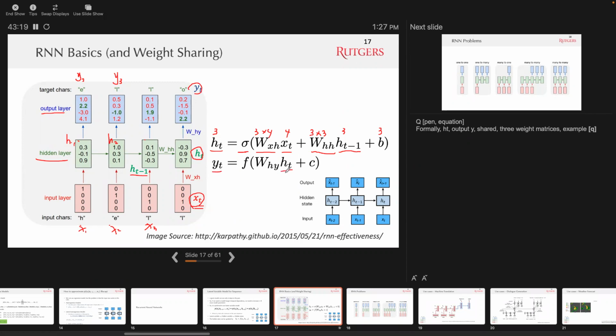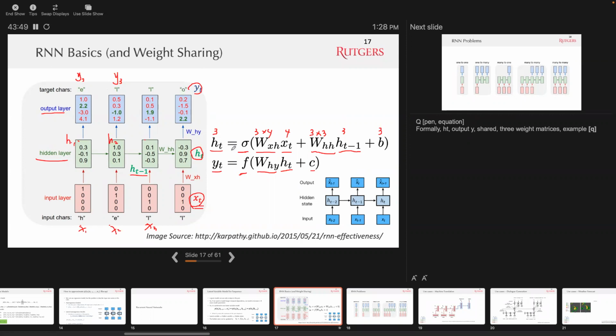So how do you do this? You just have this ht and multiply by the weight matrix, add some bias, and go through some kind of nonlinear operation. Specifically, because we're trying to predict characters here, that means it's equivalent to performing a classification task.